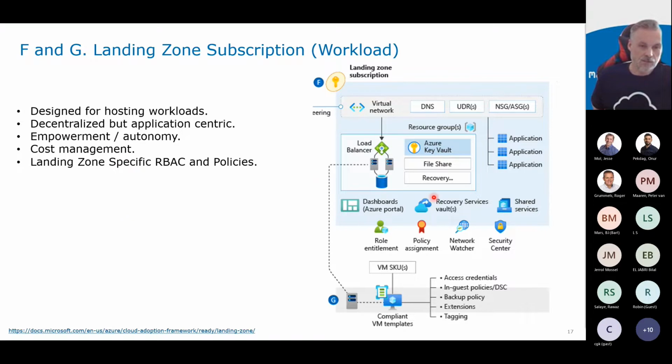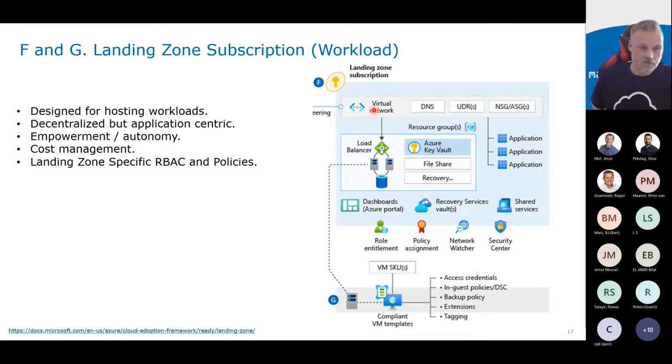And also you need to see what you want to delegate to the subscription manager for the landing zones, because it also needs to have some virtual network, DNS resolving, user-defined routes, and network security groups, which act as a layer 3 firewall on the network.